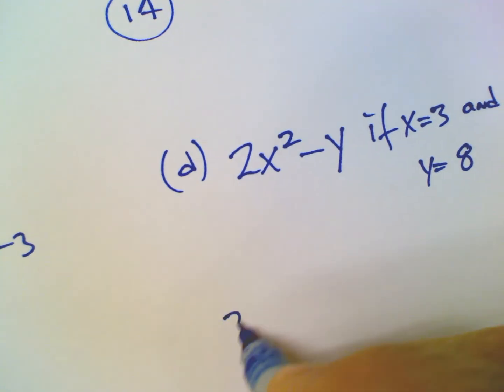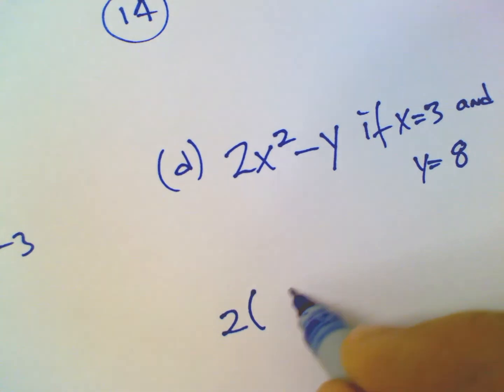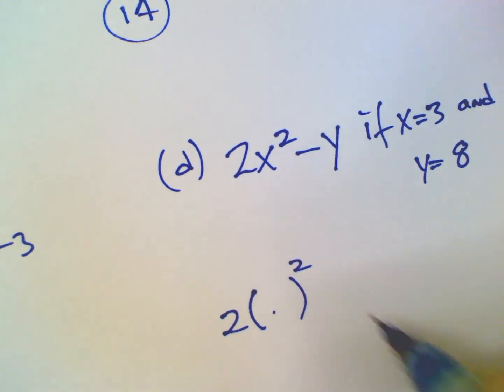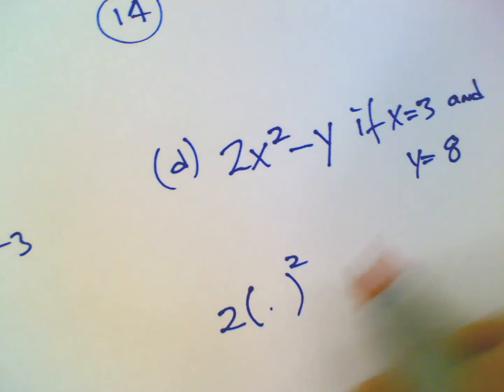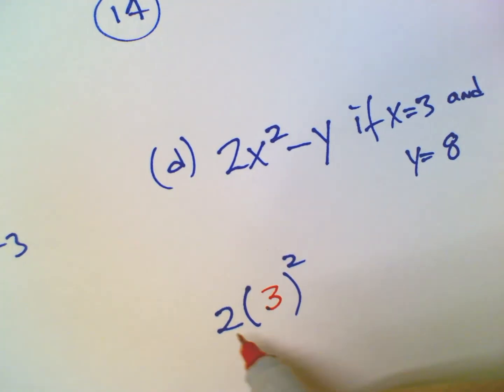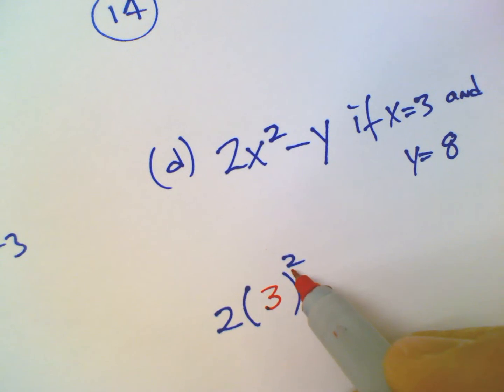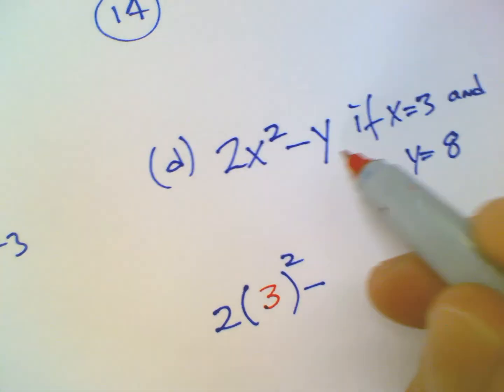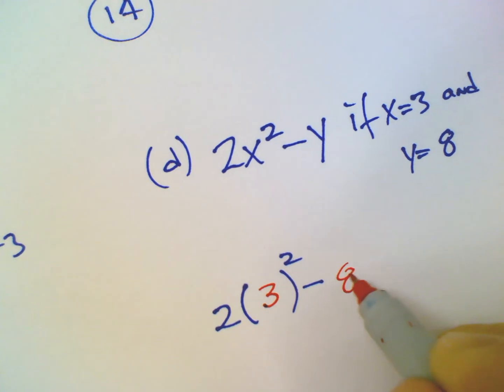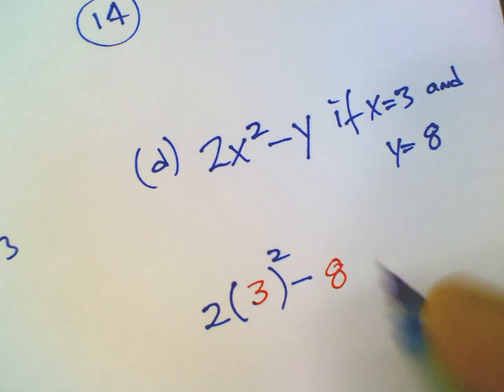This expression means 2 times x squared, right? So this square only belongs to the x. My x is 3 in this case. So it's 2 times 3 squared, then minus 8, because I'm evaluating at 8 for y.